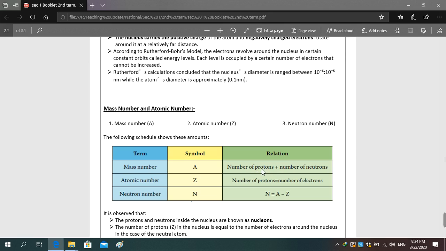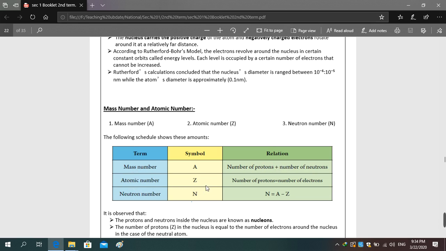The protons have positive charge and the neutrons have neutral charge. Both protons and neutrons are concentrated inside the nucleus of each atom.